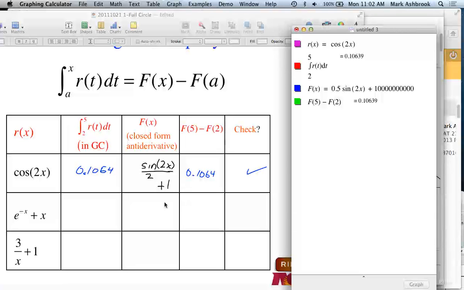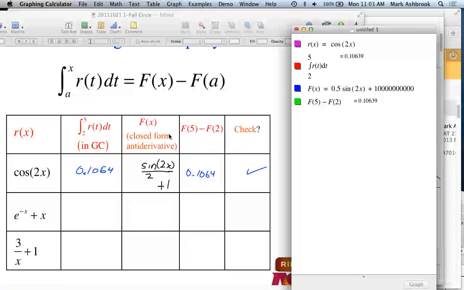Okay, so I want you to work on these two for the next minute or two. So work on e to the minus x plus x, and 3 over x plus 1. Find the value of the accumulation from 2 to 5 using the open form, and then using a closed form antiderivative.